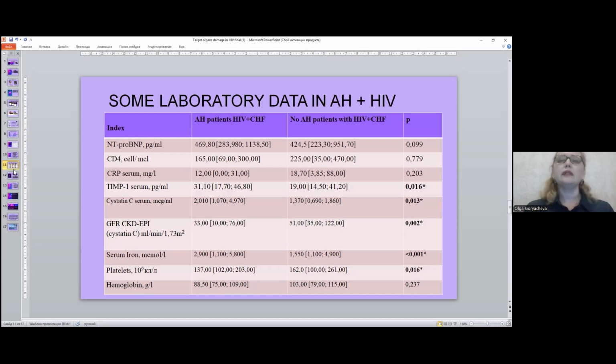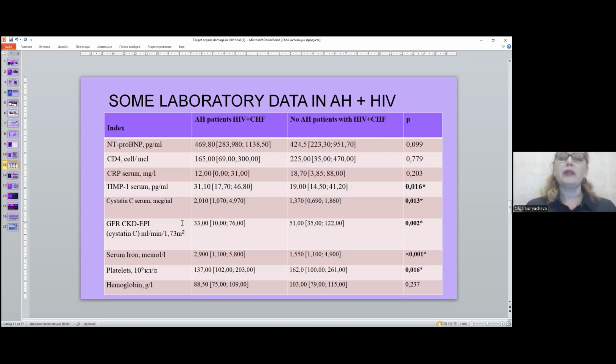You can see the difference: tissue metalloproteinase 1 was at a higher level in patients with arterial hypertension. What is tissue metalloproteinase 1? It is a laboratory index of fibrosis of arteries. That is why this index may correlate with the stiffness of arteries. You will see it somewhat later. I will demonstrate that it is really true.